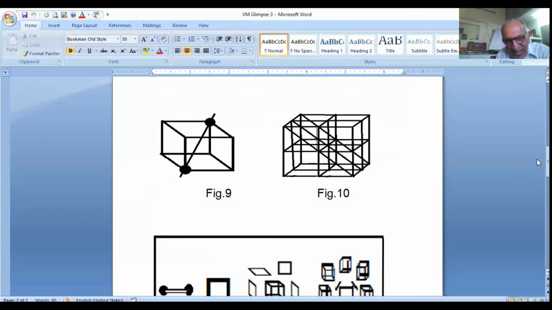Now, like this, we can have a synthesis of four internal diagonals. There are 8 corner points. 8 corner points are making four diagonals, and in the corner points of the diagonals are three-dimensional frames of half dimensions. So a pair of three-dimensional frames of half dimensions synthesize and make a single three-dimensional frame of full dimensions.